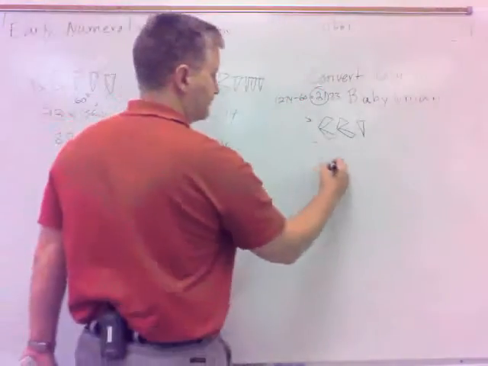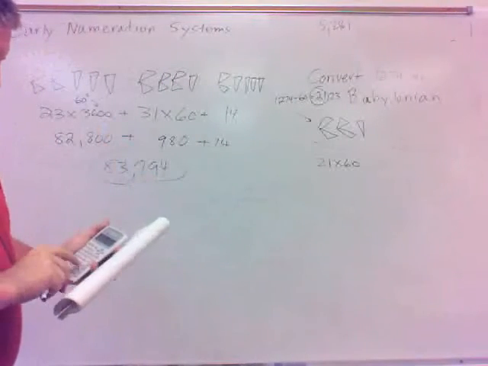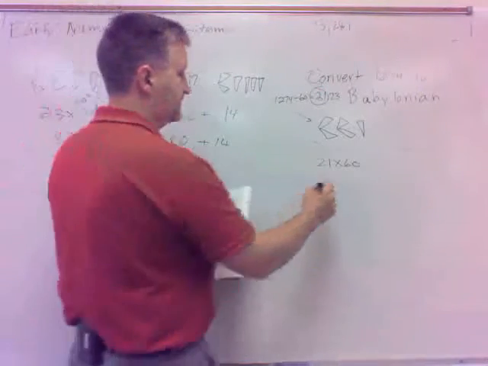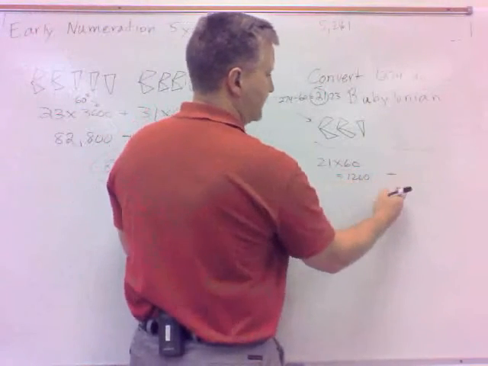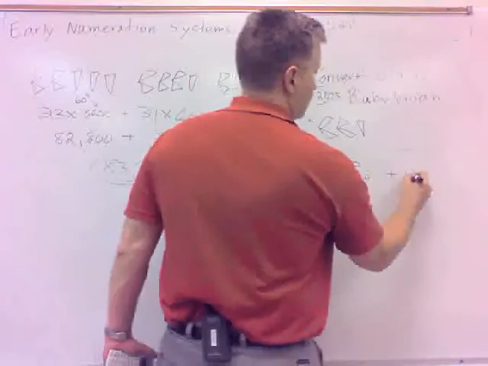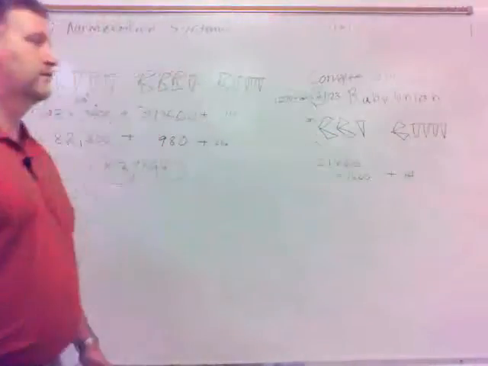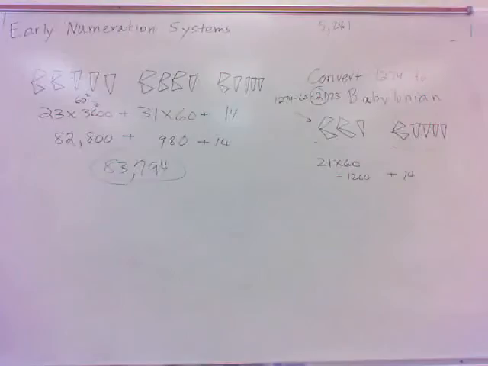Since the first group will be 21 times 60, that is 1260. So if I want to make 1274, I better put 14 over here. So 14 would be the double and 4 singles. Okay? So to convert our numbers to Babylonian, divide by 60, and then you go from there. Okay?